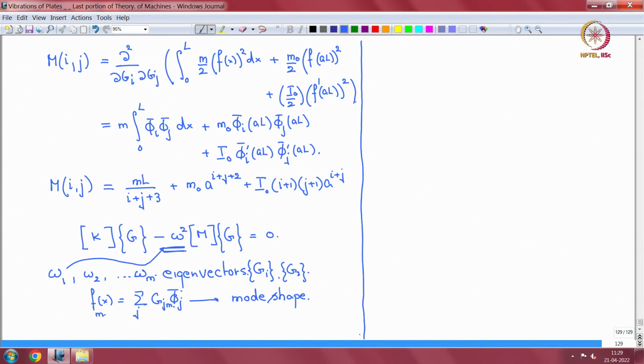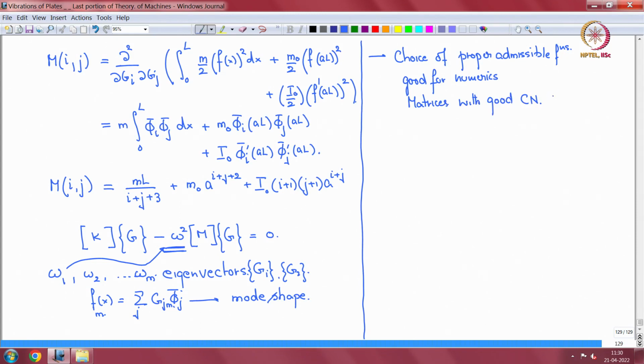Now this course here is not so much related to choice of proper admissible functions, because this is more basic theory, okay, about proper admissible functions that are good for numerics, and that give good matrices, what shall I say, matrices with good condition numbers and so on for inversions and numerical analysis.